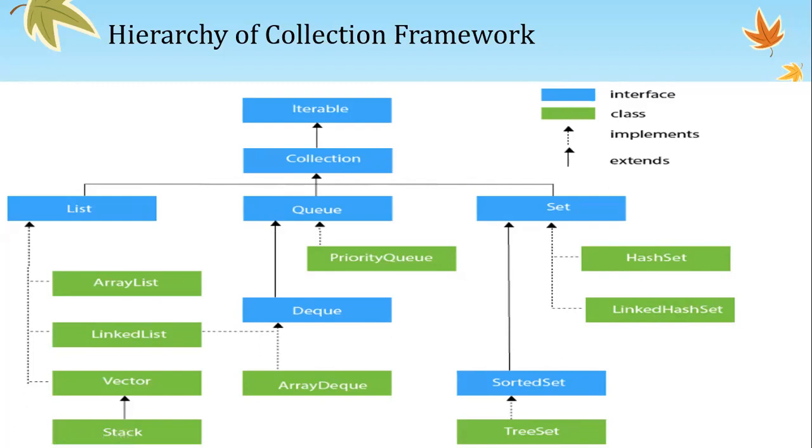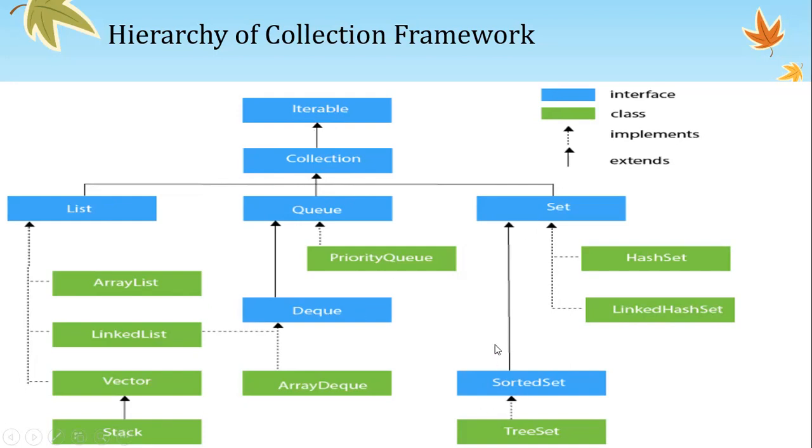It provides a ready-made architecture. It represents a set of classes and interfaces. The collection framework represents a uniform architecture for storing and manipulating objects. It has interfaces like Iterable, Collection, Queue, List, Set, and SortedSet.